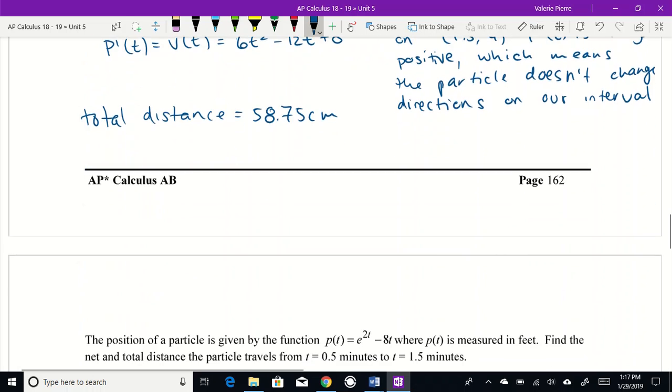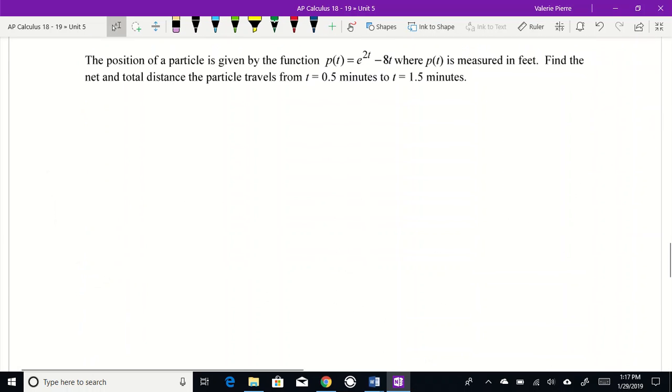Okay. So now for our last page, position of a particle is given by the function p of t equals e to the 2t minus 8t, where p of t is measured in feet. Find the net and total distance of the particle travels from t equals 0.5 minutes to t equals 1.5 minutes.